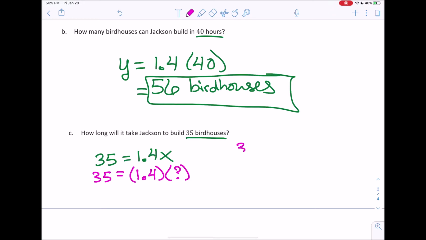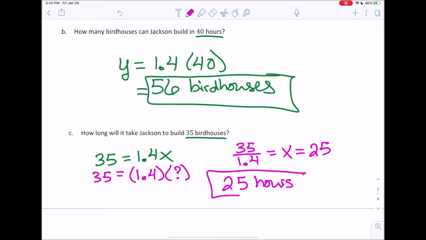So 35 divided by 1.4 will equal x, which equals 25. So it takes 25 hours to build 35 houses. Okay, 25 hours to build 35 houses.